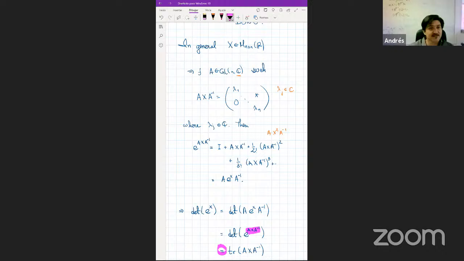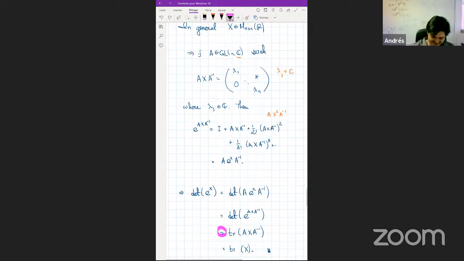Do you agree? Yes, but what I mean is that I think the identity we're trying to prove is that the determinant of e to the x is equal to e to the trace of x. Oh, right. Yes. Exactly. I'm missing the e. Sorry about that.